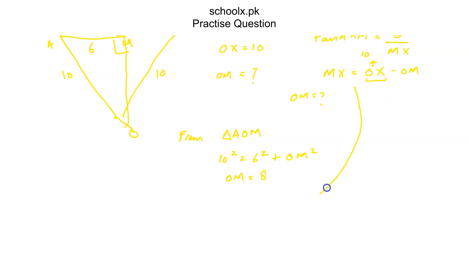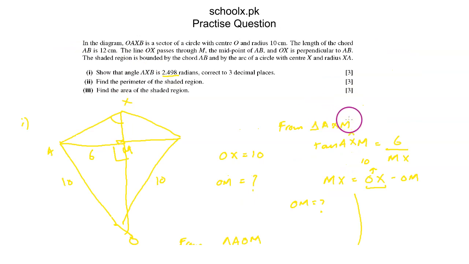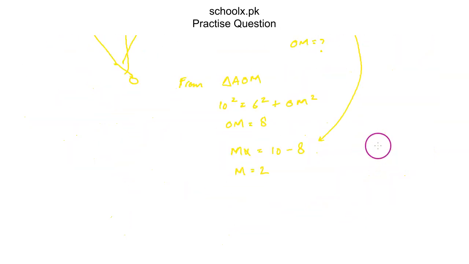Hence MX will be 10 minus 8, so MX is 2. Now I'll put this 2 right here in MX equals 2 to find angle AXM. So tan AXM equals 6 by 2.